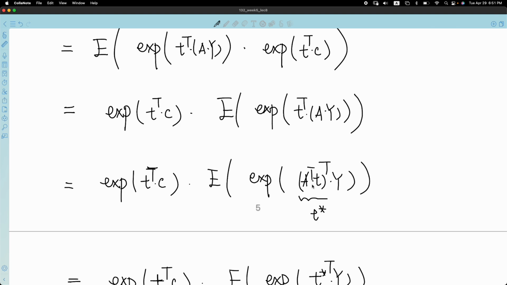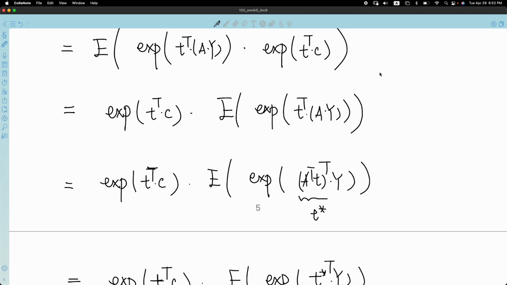You were saying you need to add a transpose here? Yes, because when you put A and t together, I was assuming t transpose, but you also need to take the transpose of A. It's not symmetric, so I'm missing a transpose here. I need to add a transpose here.